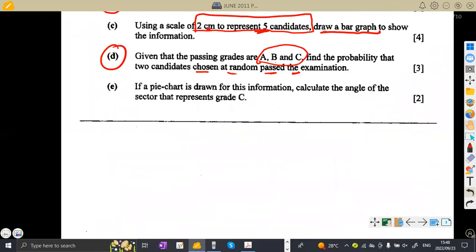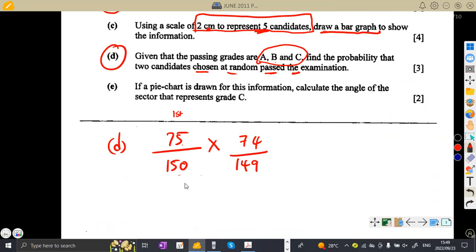So remember that probability is the required outcome over the possible outcome. So you're going to have 75 over the total number of students. We said there are 150. So this is to pick the first student. For us to pick the second one, that is 74. There were 75, so it's going to be 74. We have removed one student, so they are now 74. The total is also going to be affected, so it will be out of 149.